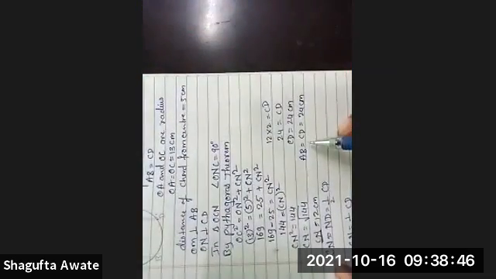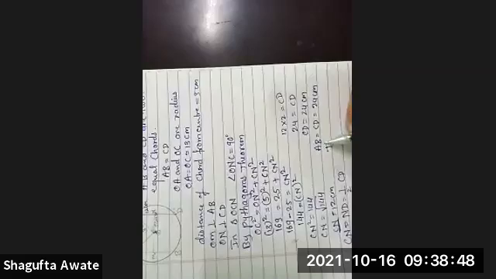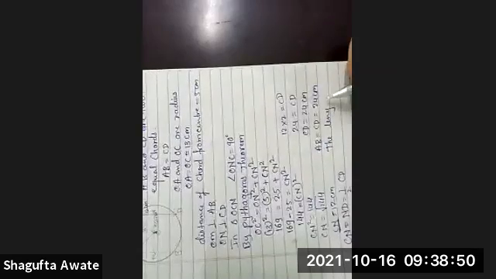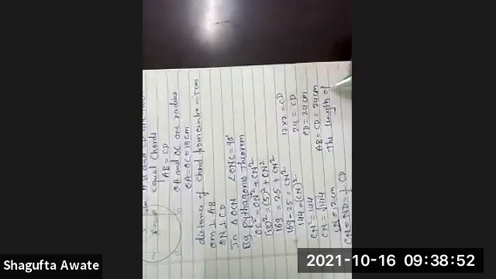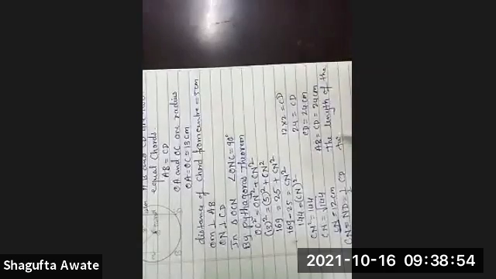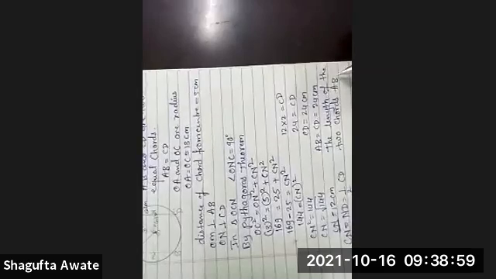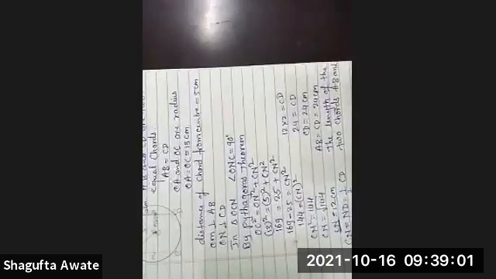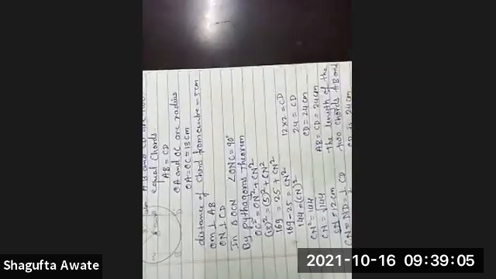So here the length of the two chords AB and CD is 24 centimeters.